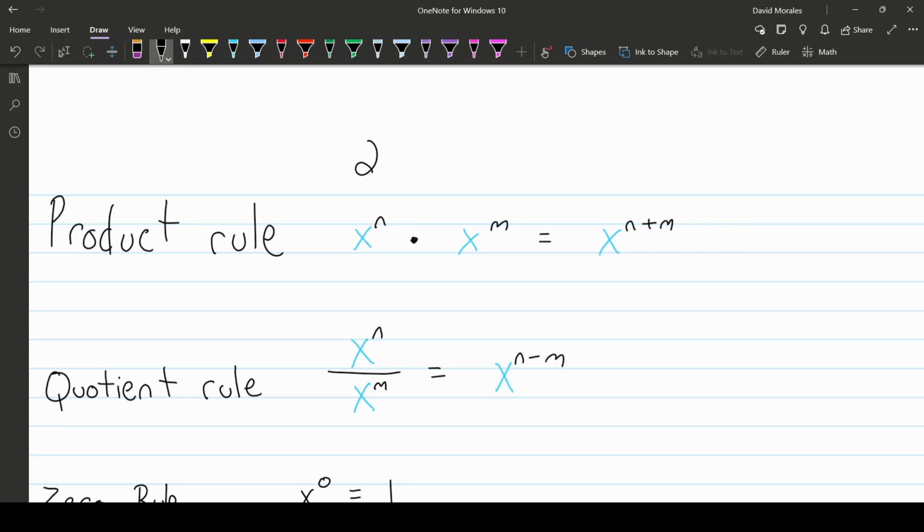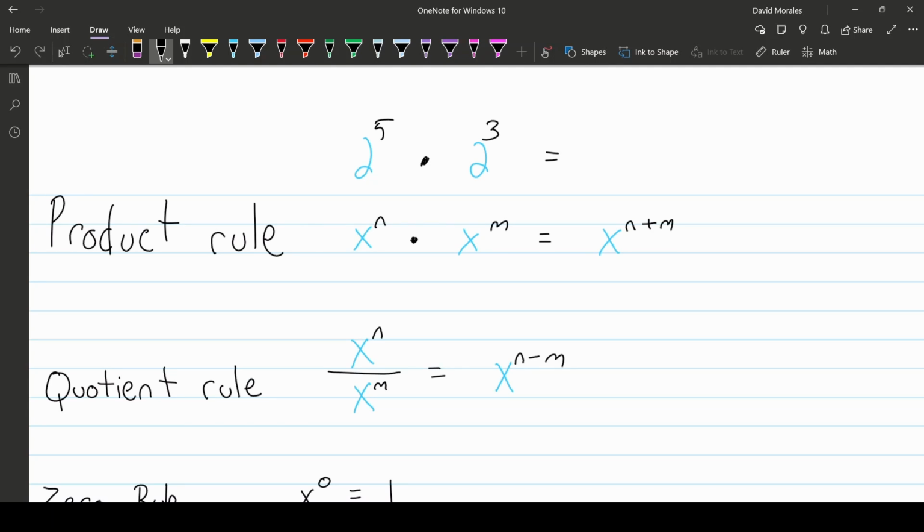If I have 2 as my same base, it doesn't matter what my exponents are. My exponents can be 4 and 5, 4 and 6, 3 and 2, 5 and 3. The key is that as long as they're the same base and they're multiplying.